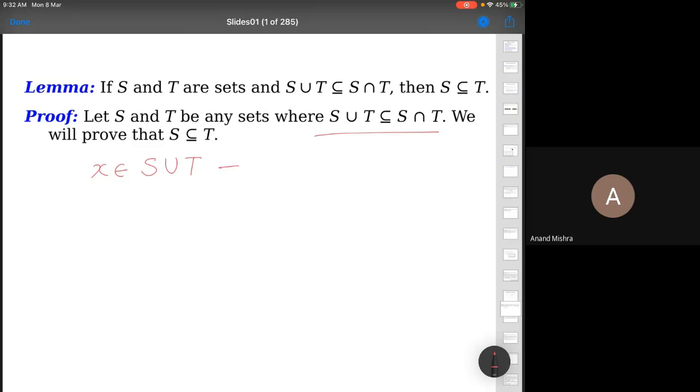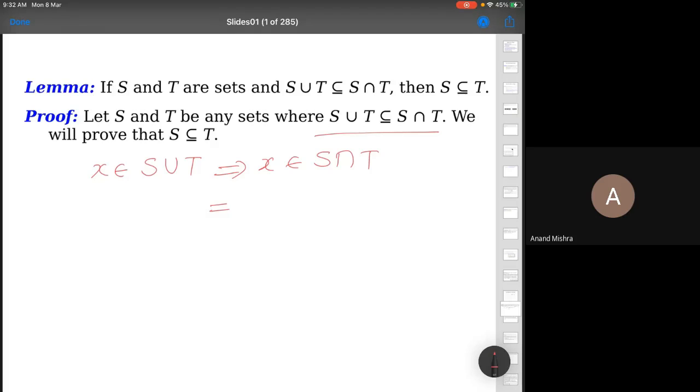It also means that X belongs to S intersection T, right? Because that's a subset of that. So definitely, if X is in S union T, that means X also belongs to S intersection T.